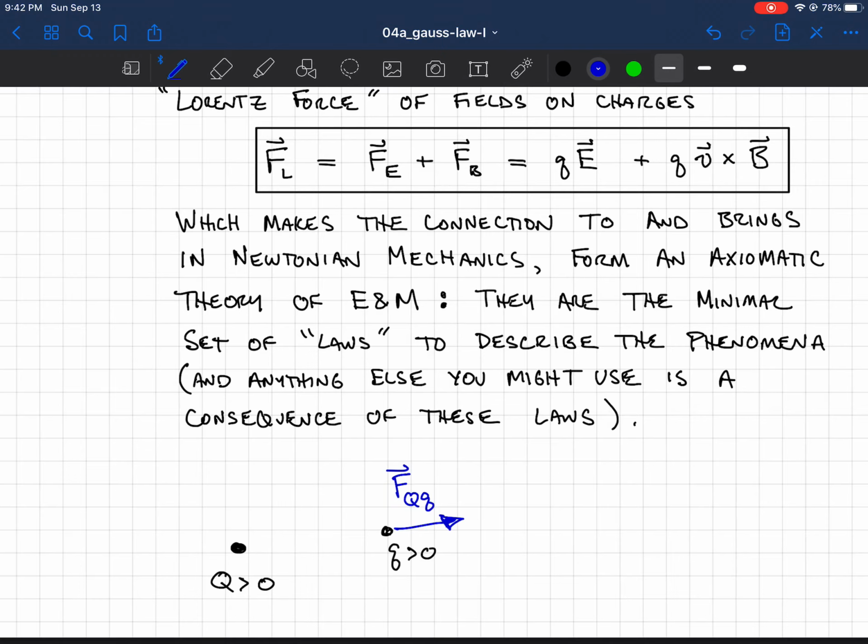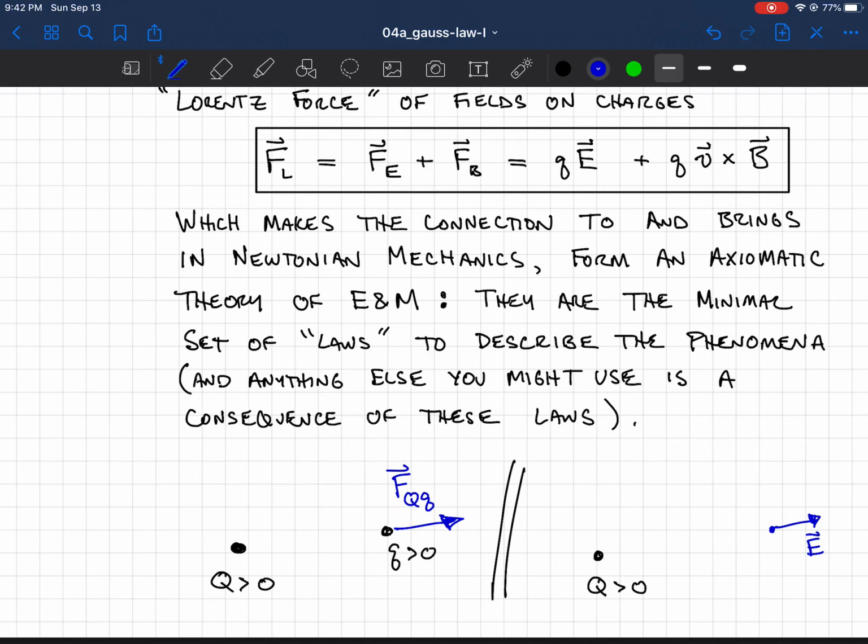We already talked about that that's a repulsive force, and it points directly away. Well, in Maxwell's equations, the way that that is understood is that if you have a charge Q, then that will actually create a field, an electric field, at this point, which is called E. So E is the fundamental property. It depends on the charge distribution in the area.